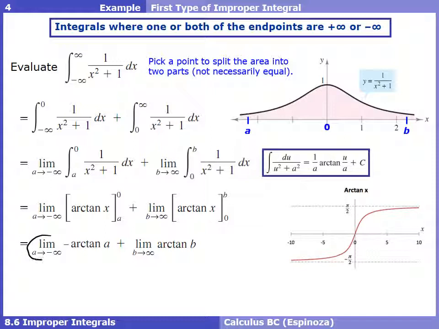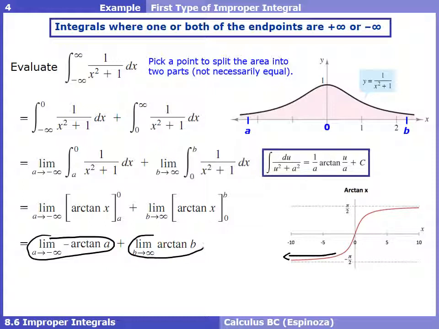So let's talk about this first limit right here. I want to figure out what the limit of arctan is as it goes to negative infinity. As this graph goes out to negative infinity, is it approaching a particular y value? Well, yes, you can see the horizontal asymptote down here is negative pi over 2.